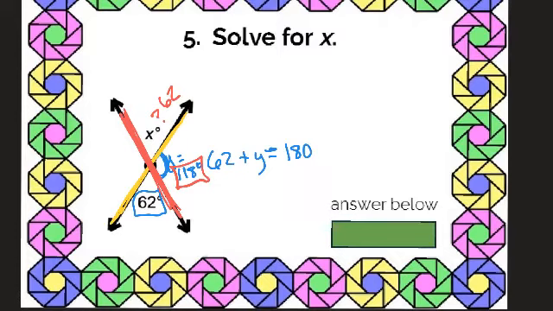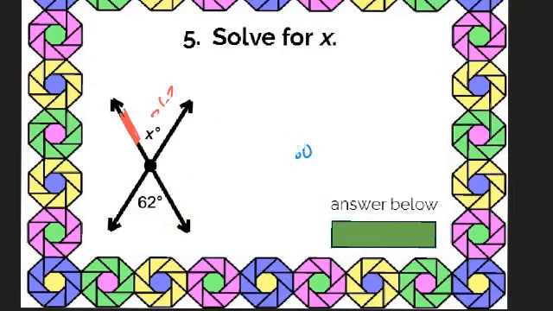So here, 62 plus 118 equals 180, and 62 plus 118 is also 180. And so that's why we know that when you have vertical angles made by two straight lines across from each other, they're going to be the same measure. So when you see a problem like this pop up, you can simply look at this and go, ooh, x is 62. And you'll put 62 in the box and be done without a lot of math. Why? Because you know your geometry.